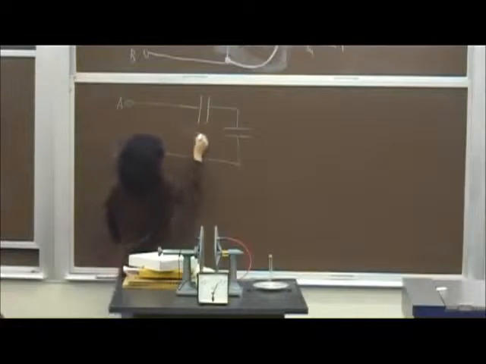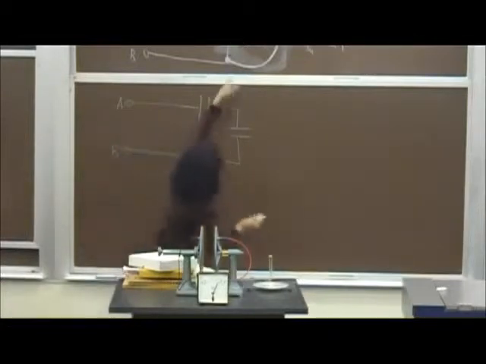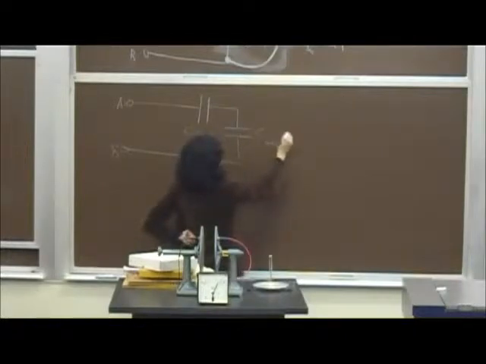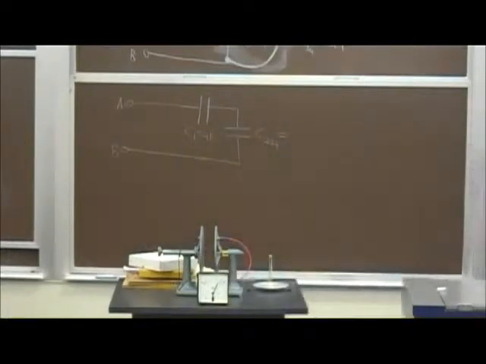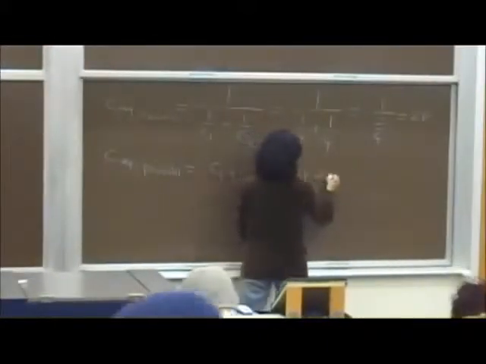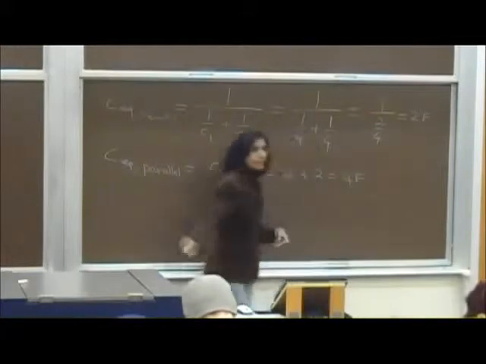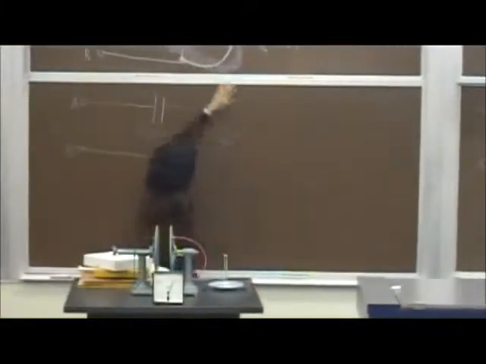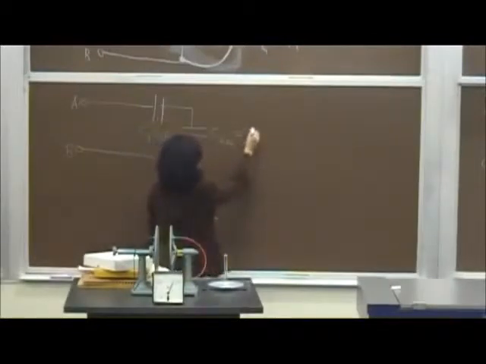Okay, so this is C1 of 4 farads. We still haven't touched it, and now we have the equivalent of 2, 3 and 4, and these two are in parallel. If they are in parallel, can we use this? So this will be 2 farads plus 2 farads, which is 4 farads, right? Is everybody seeing that the equivalent of this and this, which are in parallel, will be 4 farads?